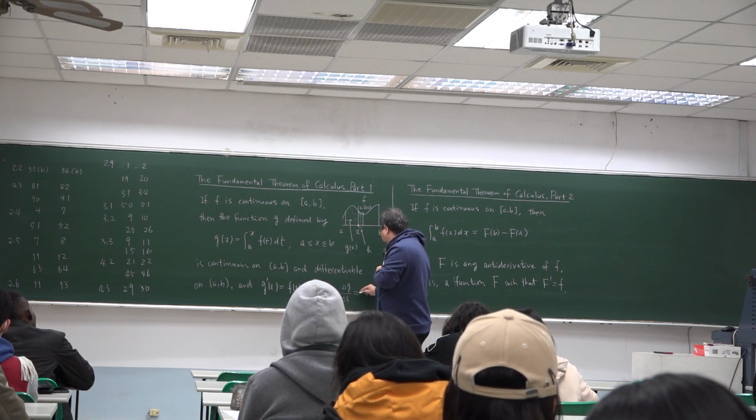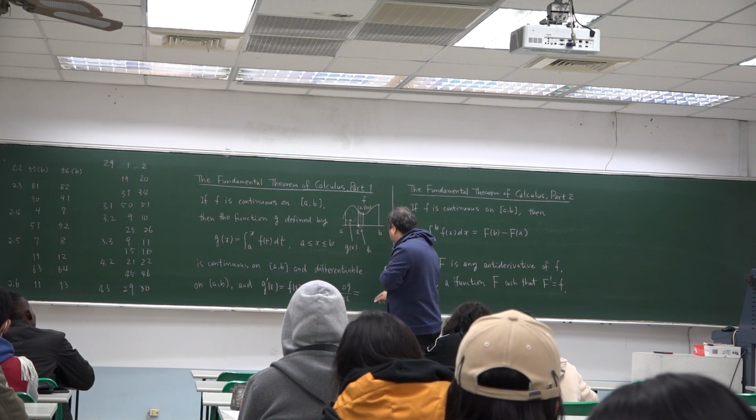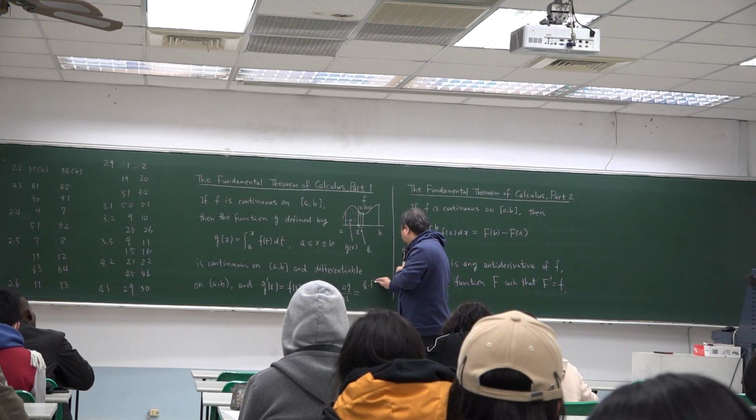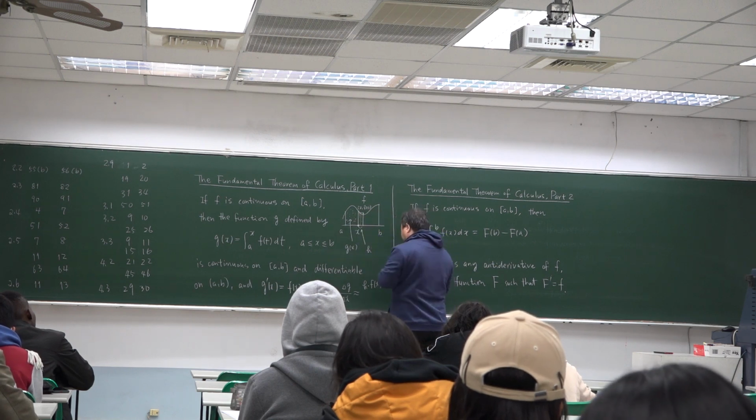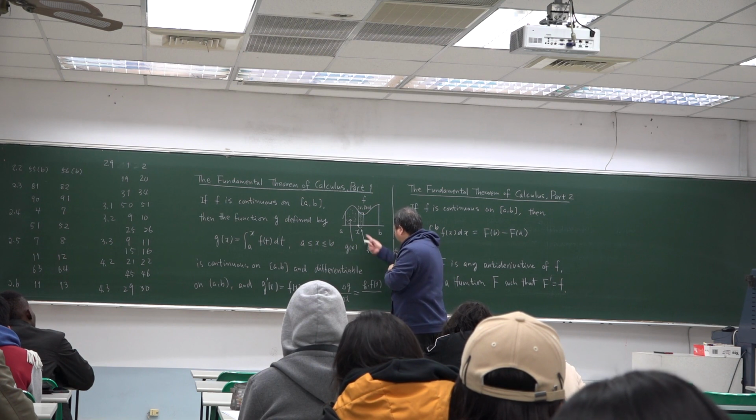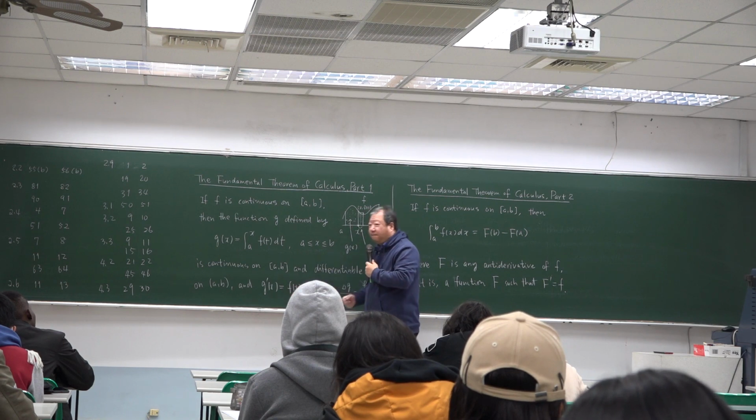Delta g is the base times the height. The height is almost the y-coordinate of this point. And delta x is h. So we have this one.